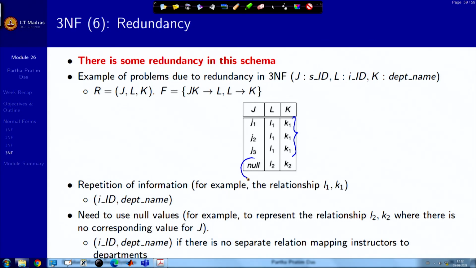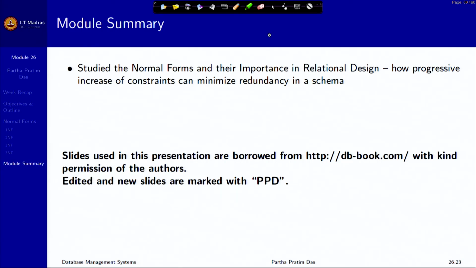So, if I have L2 whose department is K2, but there is no SID, there is no student being supervised, then I have to use null values for this. So, as we said, this is in third normal form, but still there are problems that will keep on hitting us. We will have to do more in terms of them.